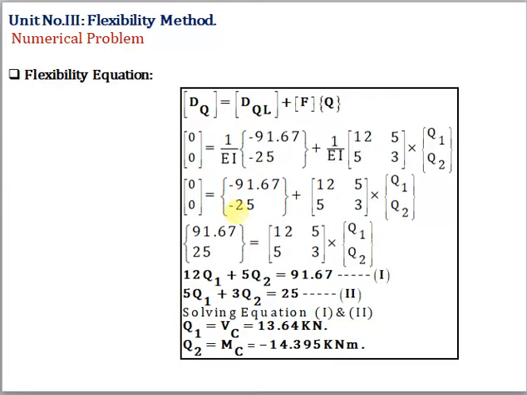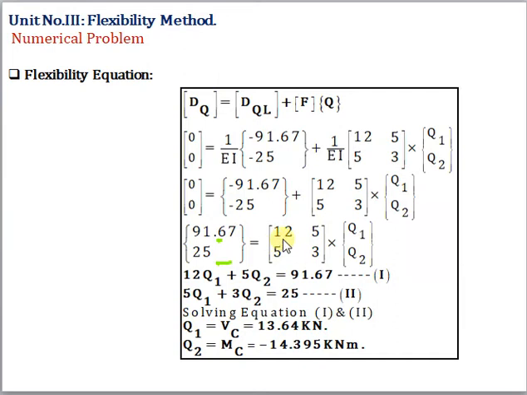By simplifying this flexibility equation, take the dqL term to the left hand side, so it becomes plus 91.67 and 25.